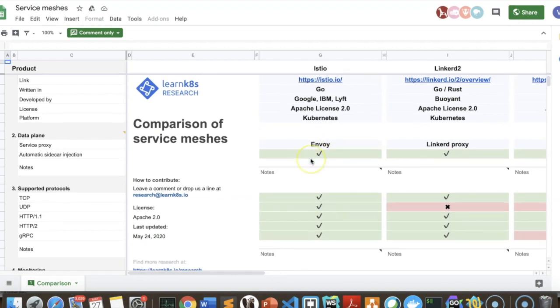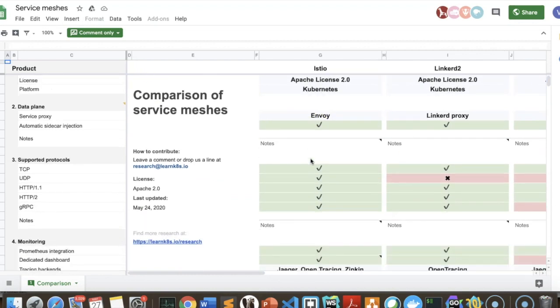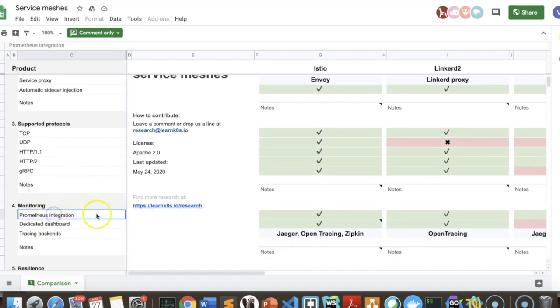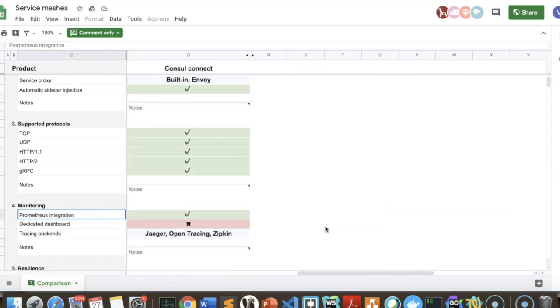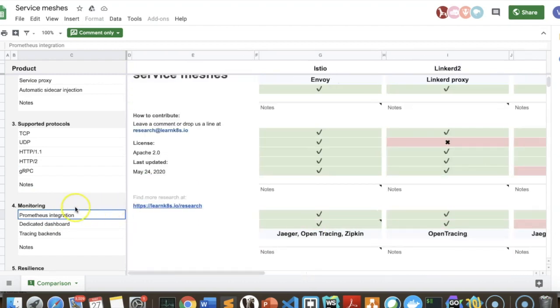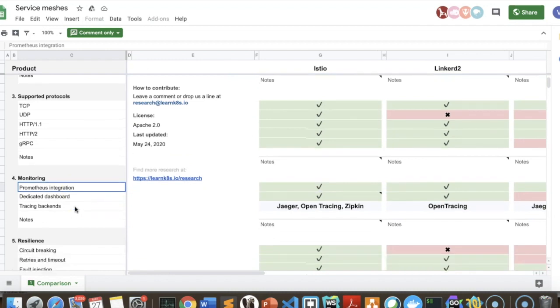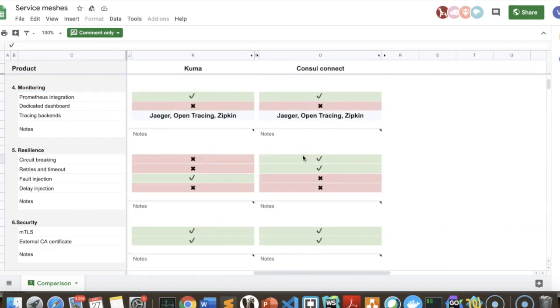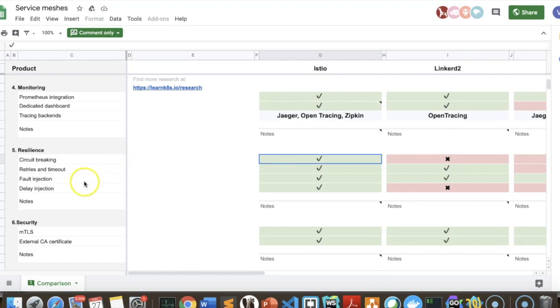So you can see they are having support for different protocols. gRPC is something which is coming up really well nowadays. Of course, for monitoring, Prometheus integration, almost all of them have, and most of them have dedicated dashboards. Resilience, so Istio has circuit breaker, the others don't, and of course Consul has circuit breaker.